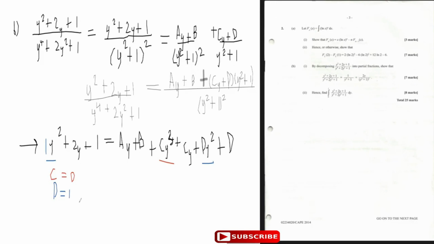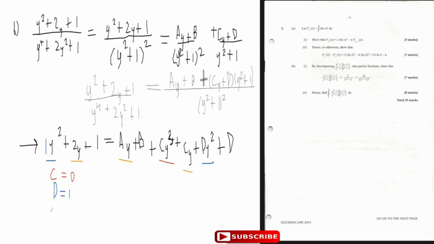Now that we get that d equals 1, we need to find a and we need to find b. Let's equate the y terms. Equating y terms, we have 2y here, and we have ay plus cy.